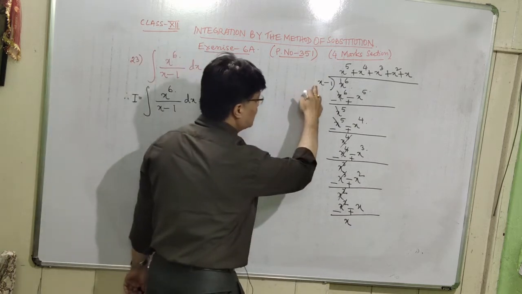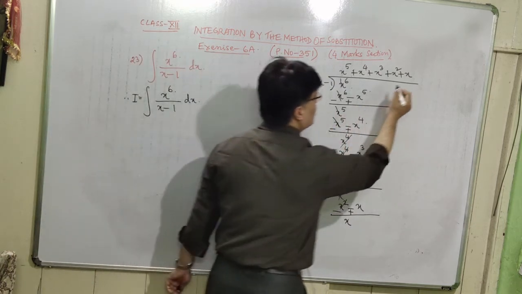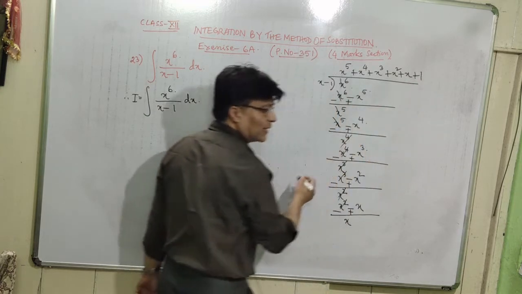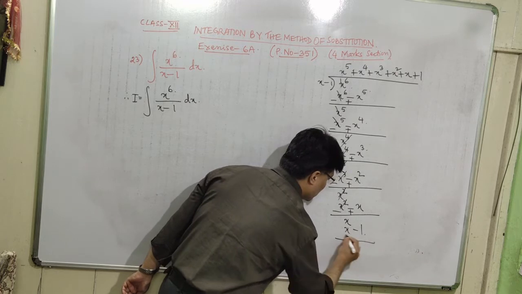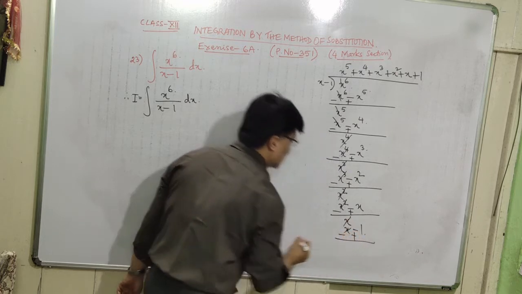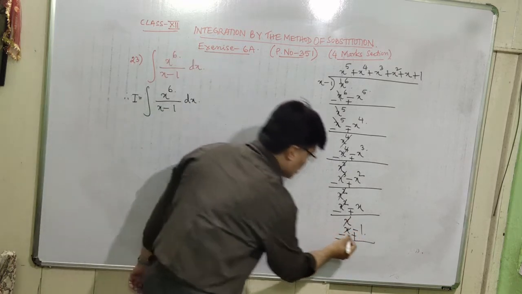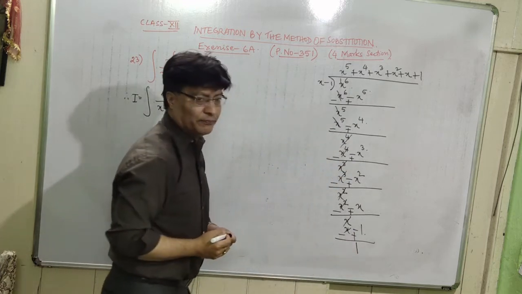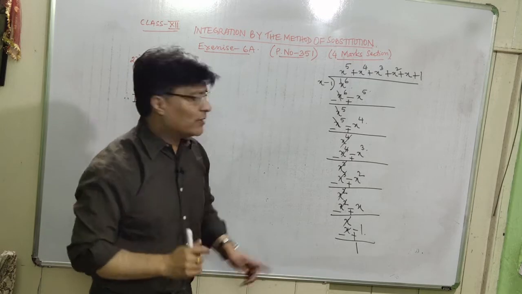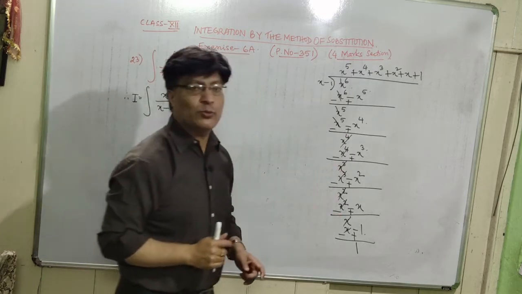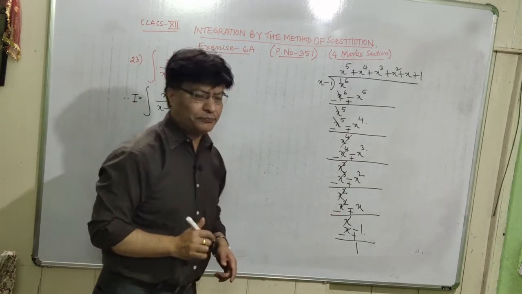Now again there is x, here is also x, so it goes one time, so 1 into x is x, minus 1, so it is minus plus, here x gets cancelled. So now what is the remainder here? 1. Since this remainder is free from x, you cannot divide it further by x minus 1. So this is the remainder 1.